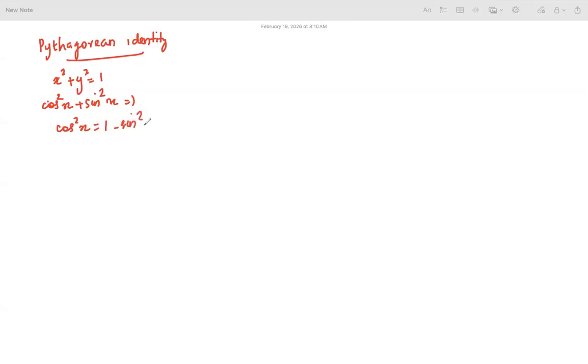Pythagorean identity: x square plus y square will be equal to 1. That was the base. But we had cos square x plus sine square x equal to 1. Or we could have said cos square x equal to 1 minus sine square x, or sine square x will be equal to 1 minus cos square x.